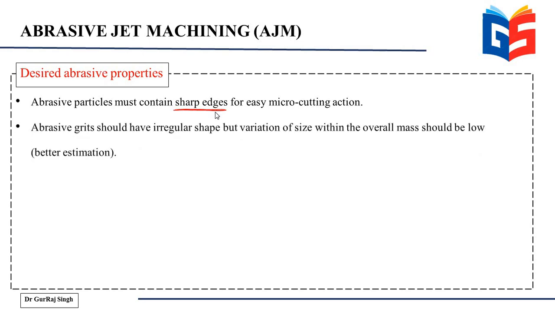Next, they should have irregular shape, but variation of size should be low. So the shapes should be random. So you have irregular shapes, but you should have the least variation of size. So they should have the same range of size. For example, if you're having one abrasive, say like this, the other one can be of a random shape.